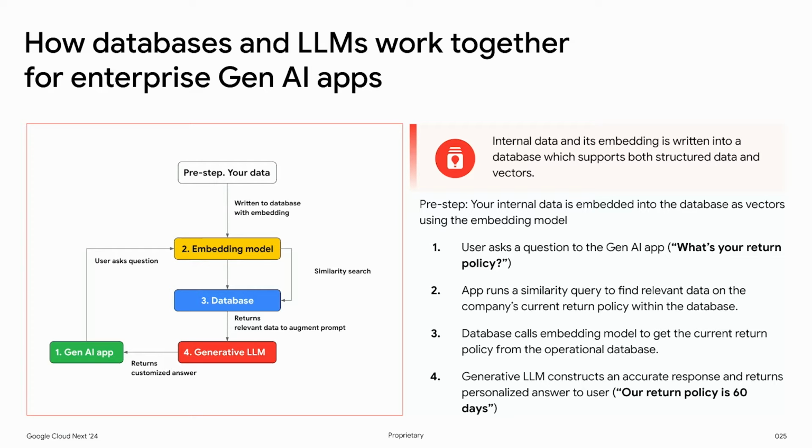And then that question is entered into the embedding model. The same embedding model that we used before in prepping is what is used here. So this embedding model will now generate a vector, which will then be compared to the database that was pre-populated in the previous steps that we talked about. So a similarity search is done here. That returns the relevant data.